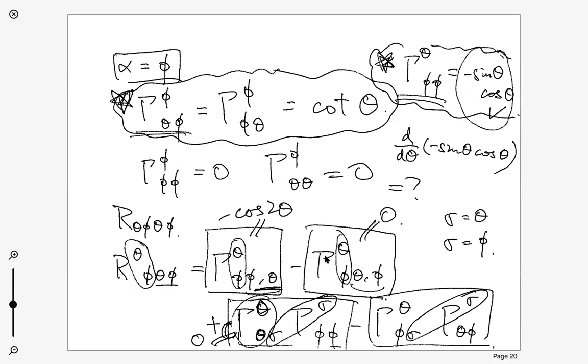Of course it can, but when sigma is theta, what would happen to the whole term? When sigma is theta, it means that it is theta phi theta, and then here is theta theta phi.